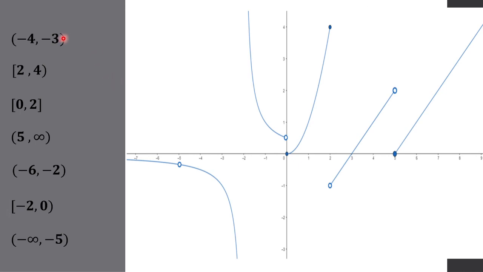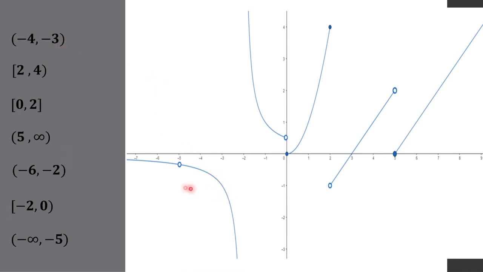So let's start with negative 4 to negative 3. For this symbol, this is an open interval, meaning we are including all the values between negative 4 and negative 3, excluding negative 4 and negative 3.